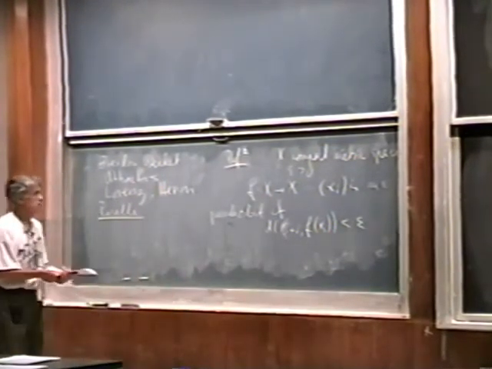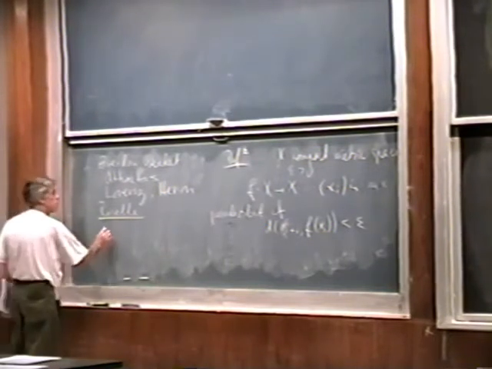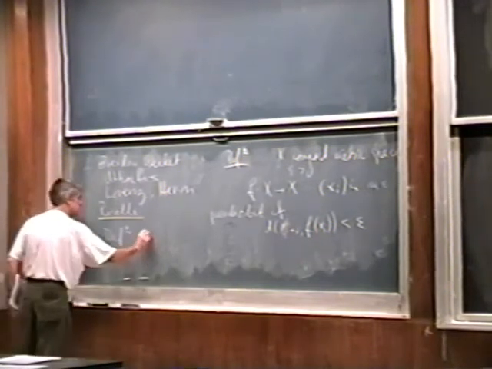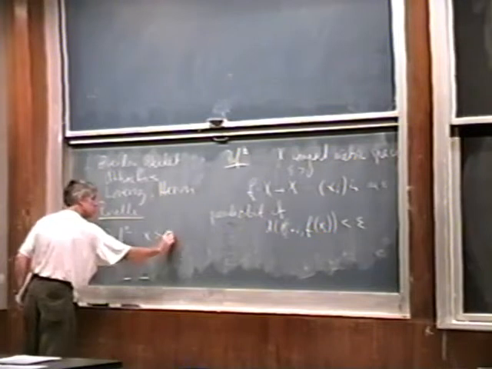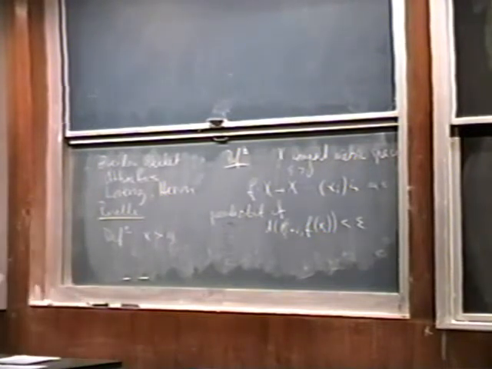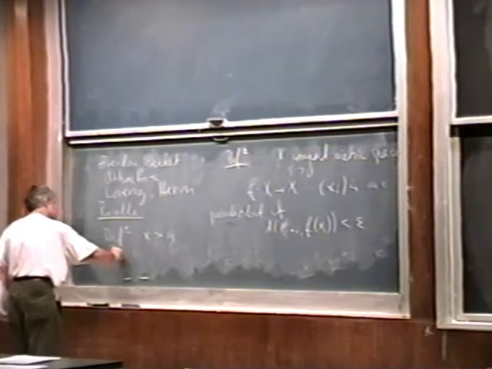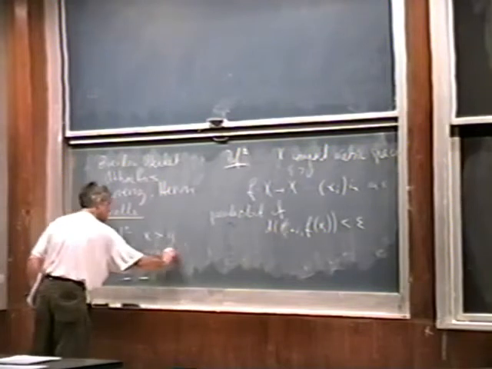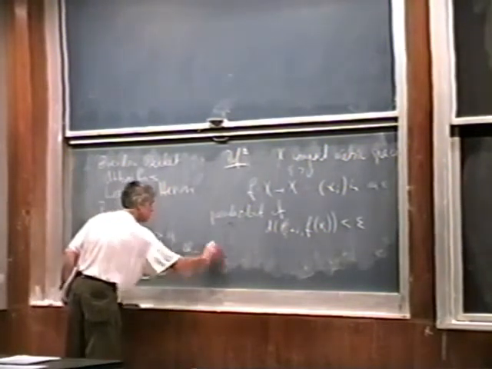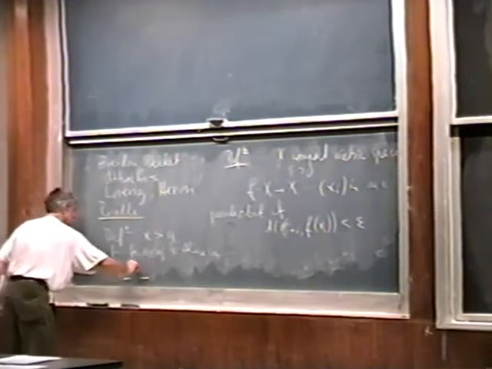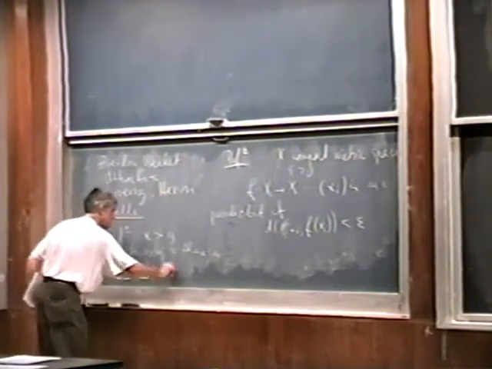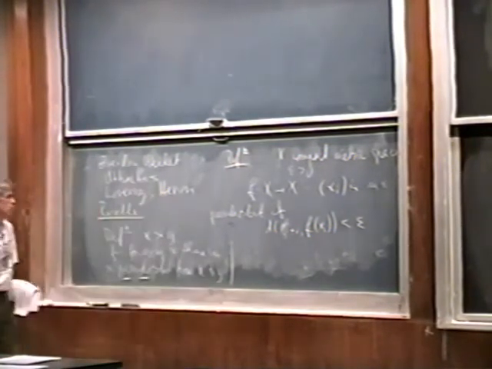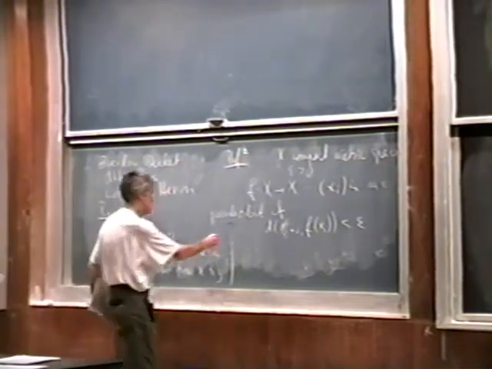And with that, you can define a relation that says that x can fall to y if for every epsilon there is an epsilon pseudo-orbit from x to y, or x is equal to y is included as a case.